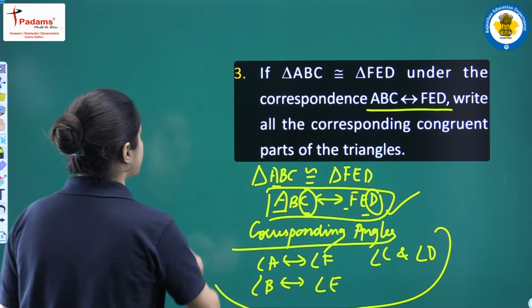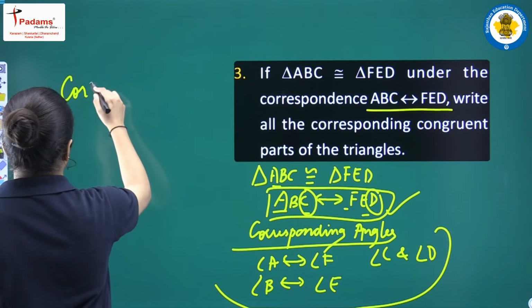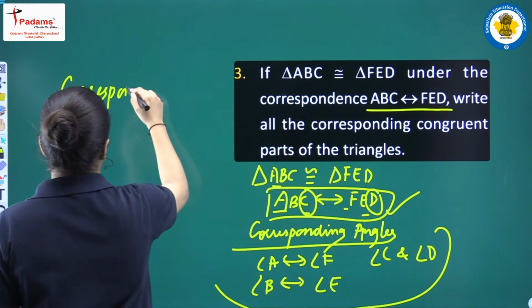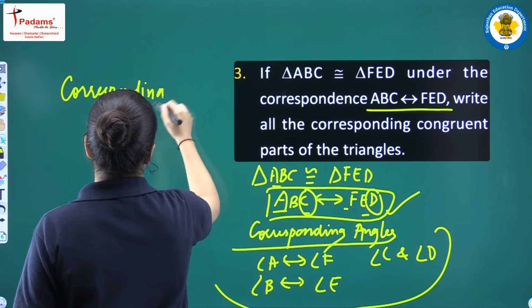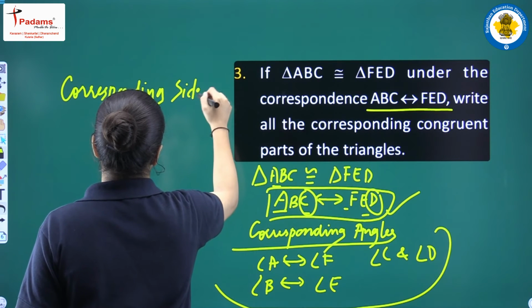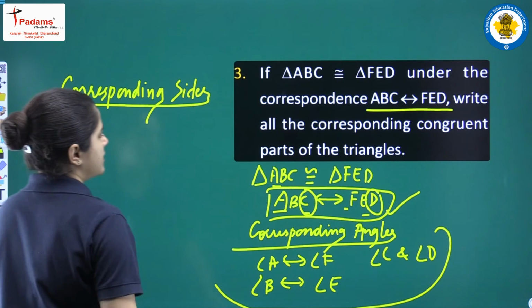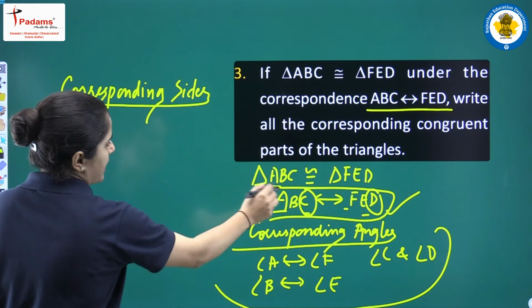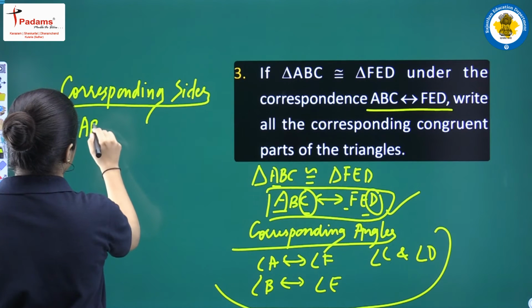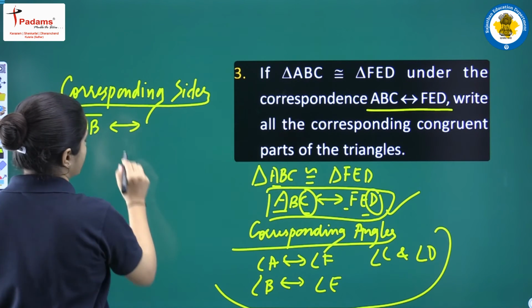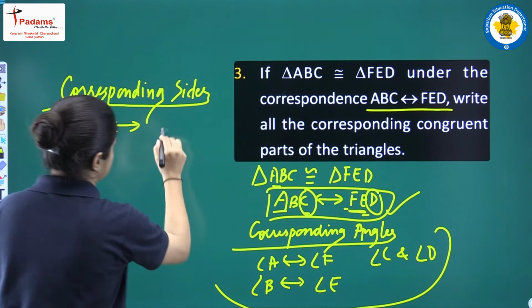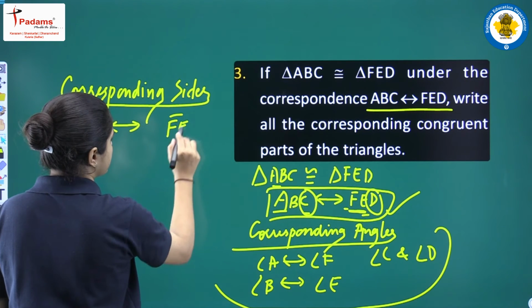Alright students, looking at the corresponding sides, students. Have a look. Line segment AB is corresponding to line segment FE.